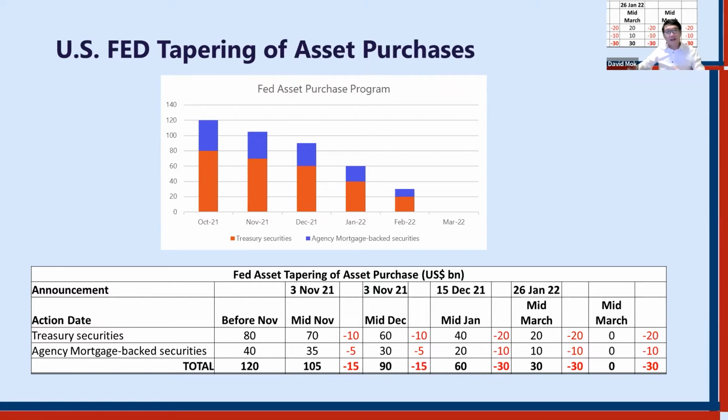They did that to make sure there was no seizure in the financial market. So they've done well. But that said, they have to pull back. Inflation is there, and so they started it. That's their program. As you can see in the chart, this is how they pull back. And this month is the month that says, look, no more buying of the assets.